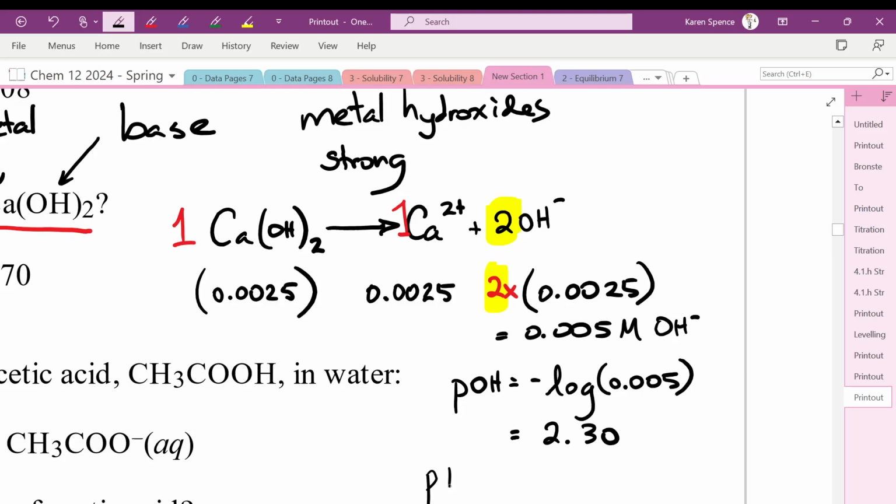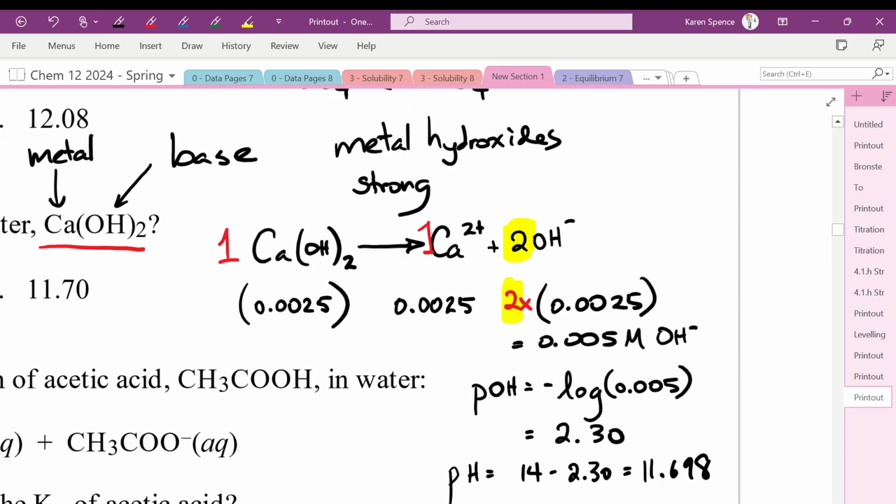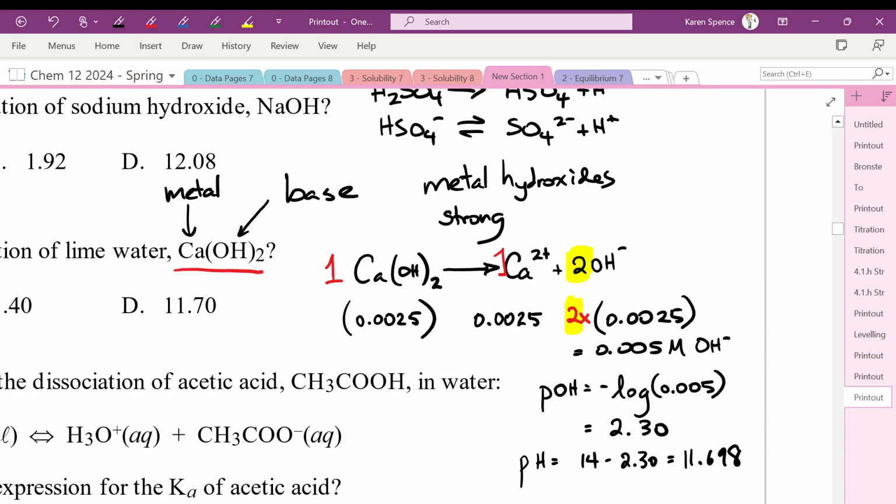Then pH is 14 minus 2.30, 11.698, which is 11.7. Sorry, I didn't round off my number. Anyway, 11.7. So answer is D.